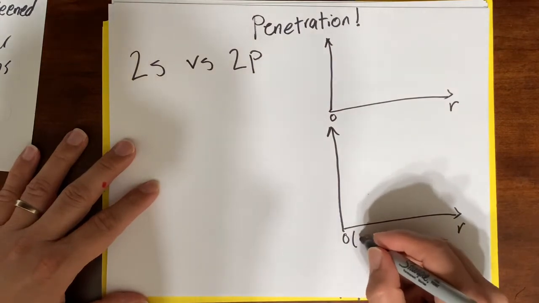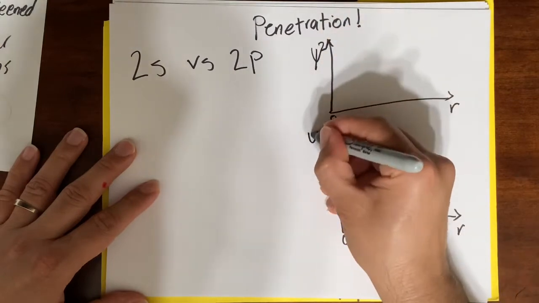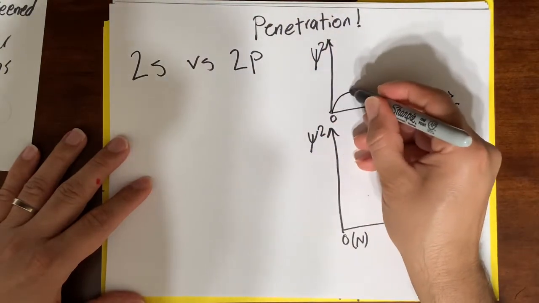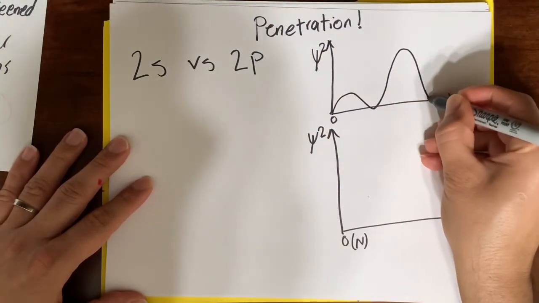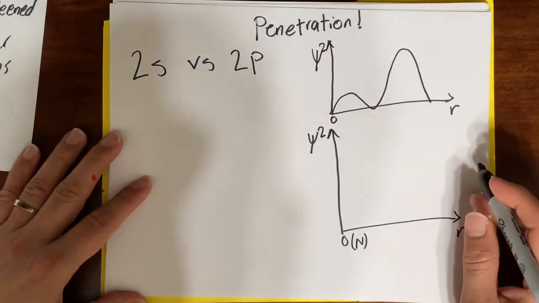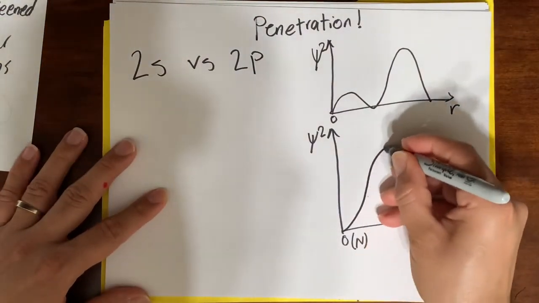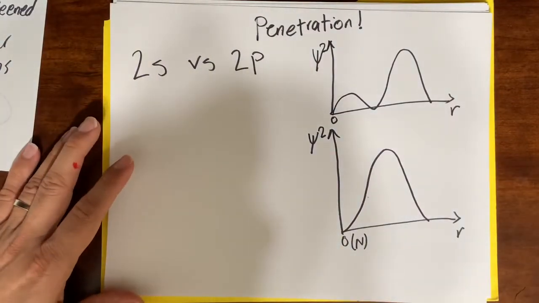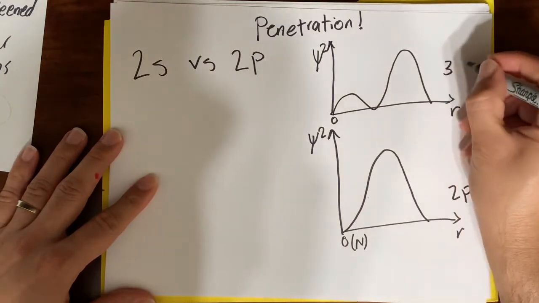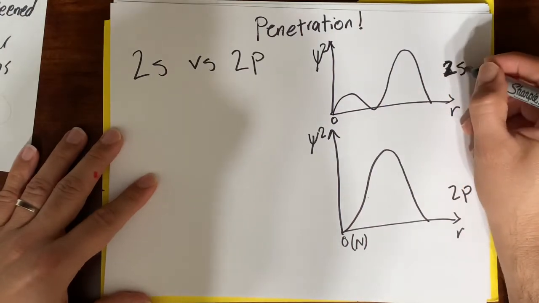We're talking about the nucleus here. And this is psi squared, or the probability of finding the electron. The radial distribution graph for 2s will be this, and the radial distribution graph for 2p, this is the 2p orbital, and that one is the 2s orbital.